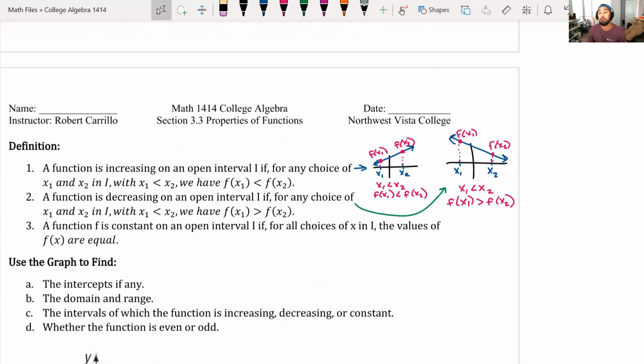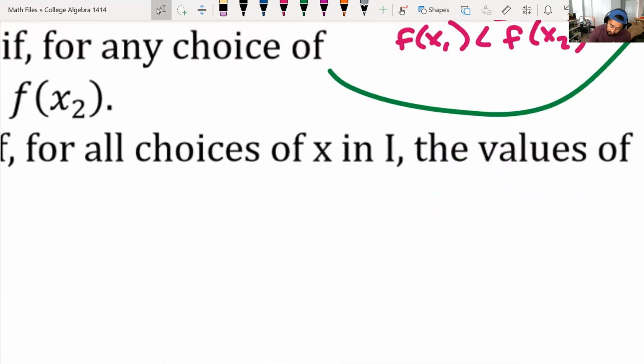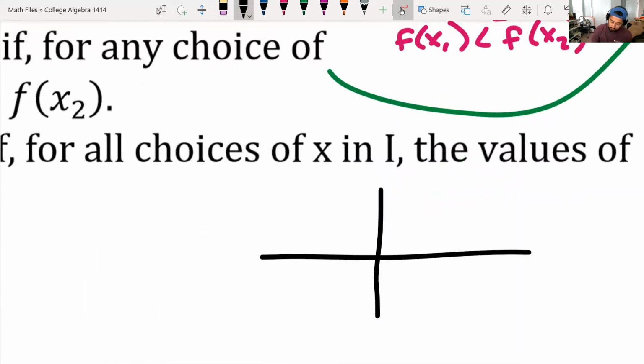All right. And the last one is a function is constant on some open interval I for all choices of x and I, the values of y are equal. Okay. So to represent being constant, here's x1, here's x2.